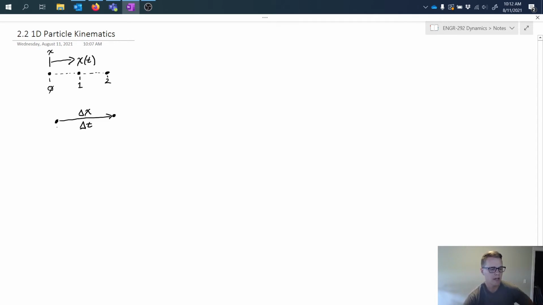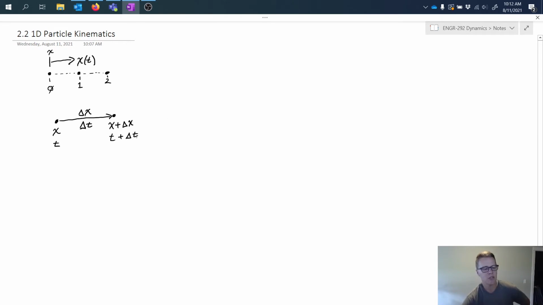Over here in my initial position, let's call this initial position x and initial time t. The particle moves to the right and ends up at some new position x plus delta x and some new time t plus delta t. So my initial position x and my initial time t have undergone some change, which is the addition of delta x and delta t respectively.